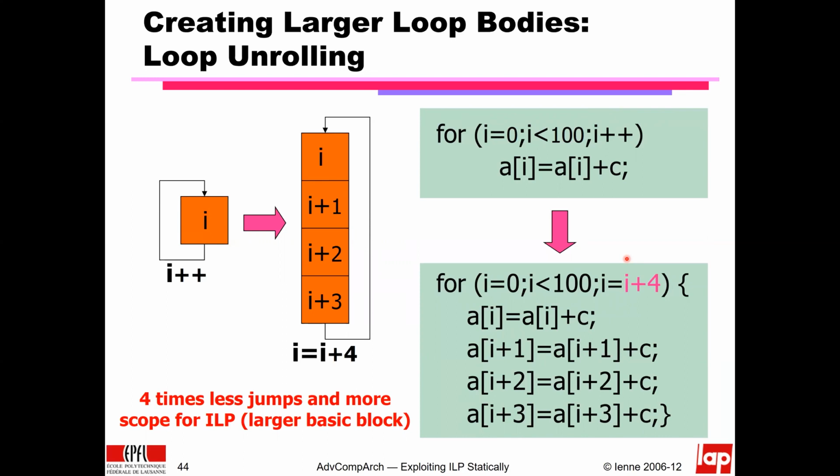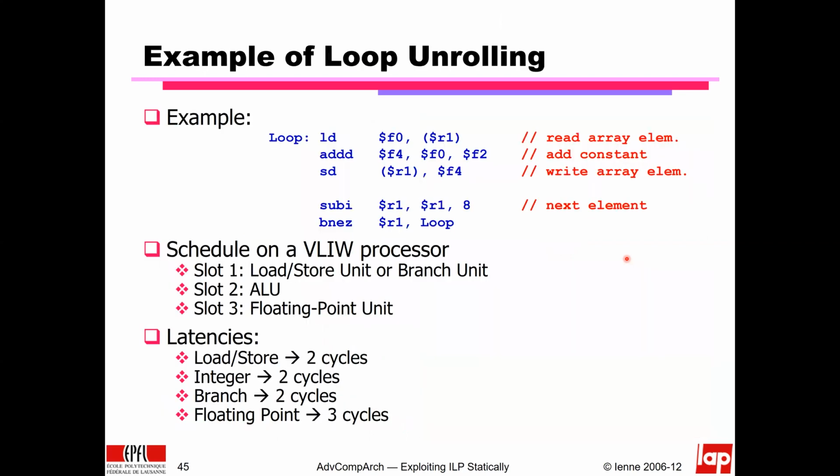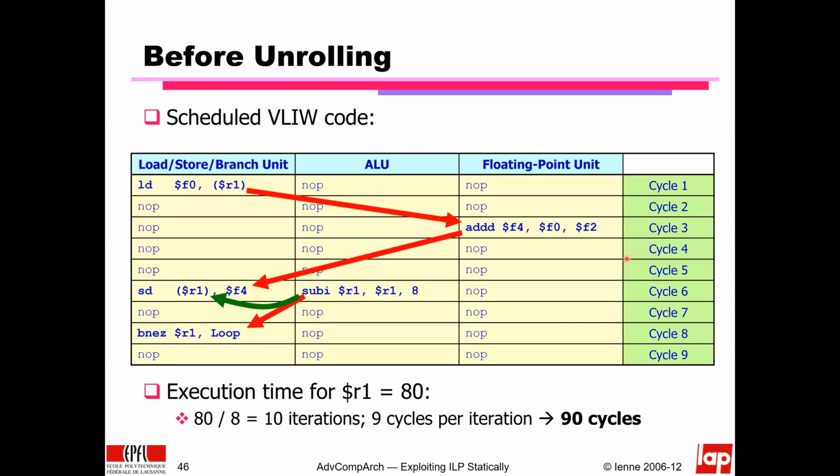Now, why does it happen? Why does it help? The normal answer is: because I have a bigger basic block, I may have more chances to extract parallelism. And the best way to prove this to ourselves is to go back to our example, our disastrous example, where there is this loop that needs to be repeated a number of times, and see what we can do in this case.